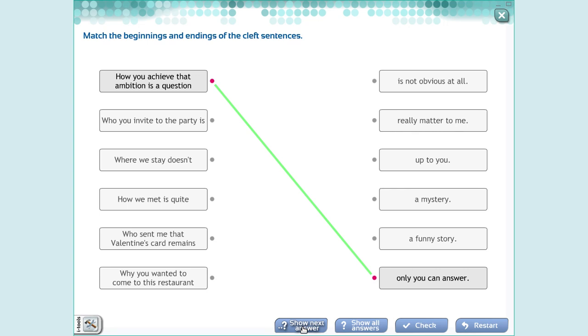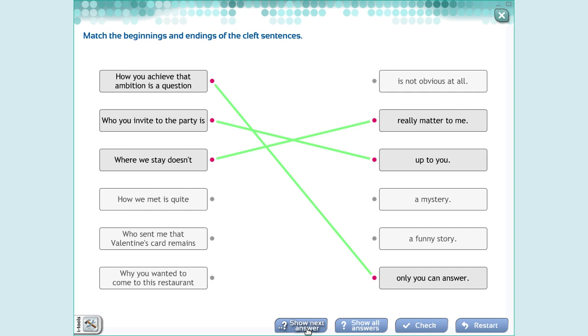Who you invite to the party is, you decide. Who you invite to the party is up to you. Where we stay doesn't really matter to me.